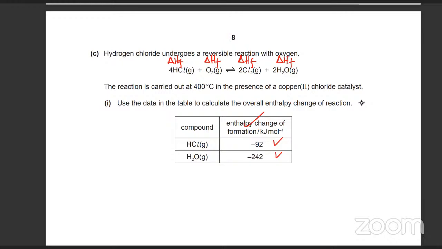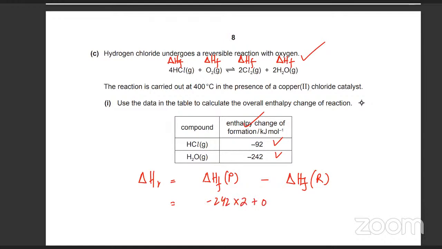So when you're given the enthalpy change of formation of all the reactants and the products, the reaction enthalpy is basically the enthalpy of formation of the products minus the enthalpy of formation of the reactants. And this is what you're going to do. So the product is water. That's minus 242, and there are 2 of them, so that's 2.